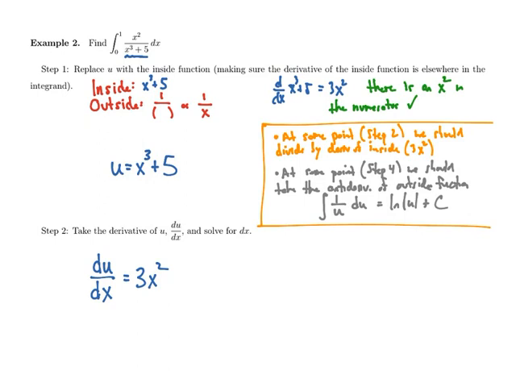And when we're solving for dx here, we're going to multiply by dx on both sides. So that's going to give us du equals 3x squared dx. And then we're going to divide by the derivative of the inside, 3x squared.